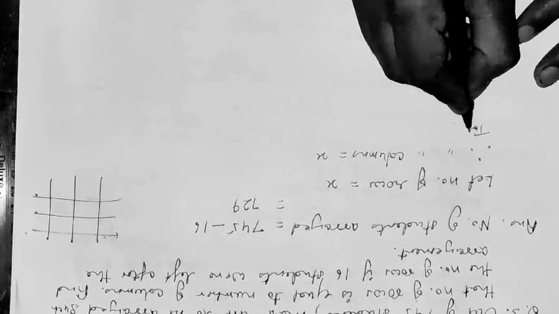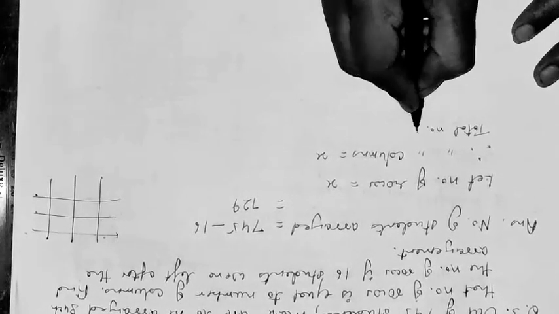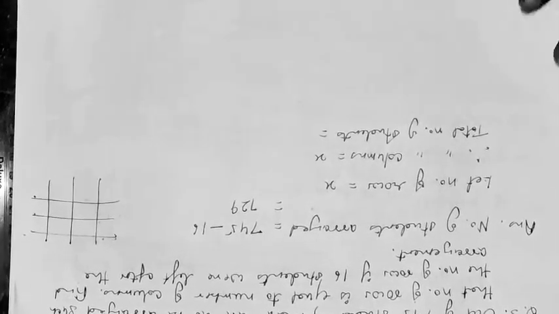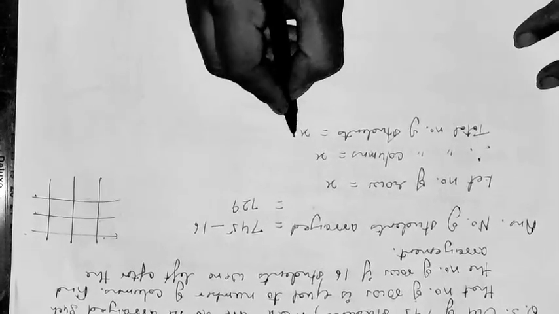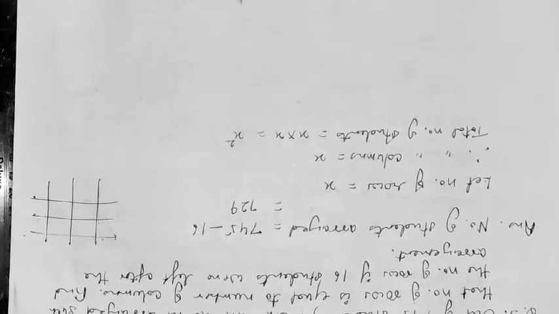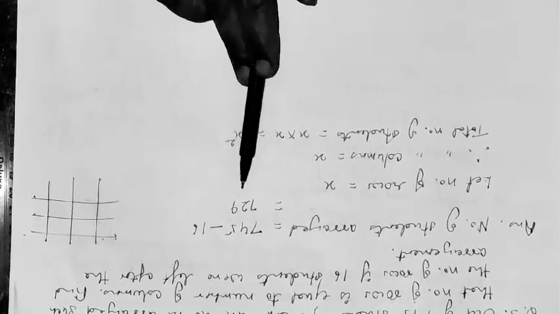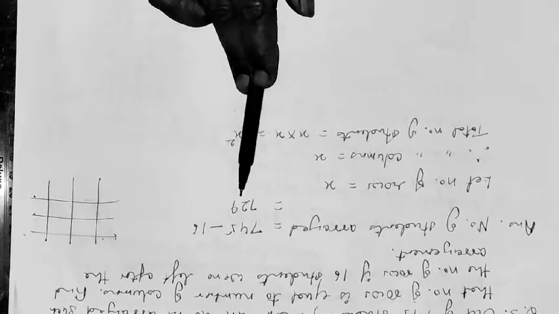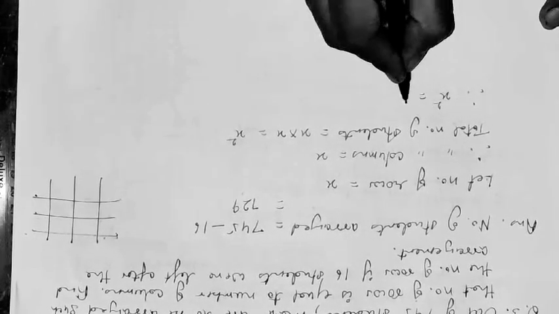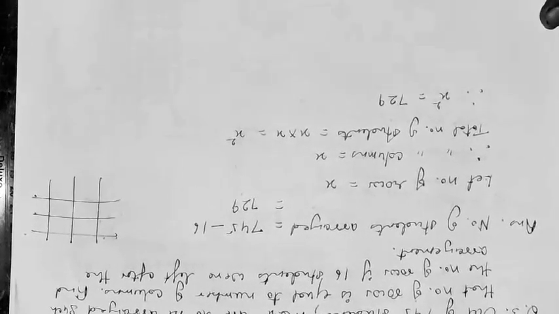Then how can we find the total number of students? If we multiply the number of rows by the number of columns, we will get the total number of students. So x multiplied by x, that means x square. And we know how many students we have arranged, 729. That means x square is equal to 729.